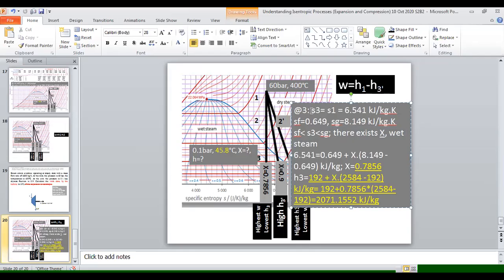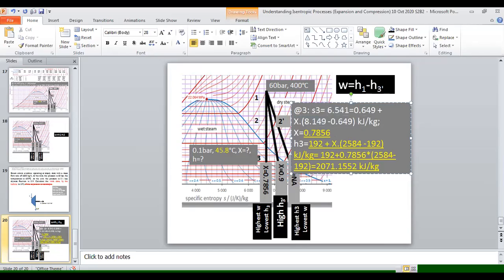S3 equals S1, no such thing now. At 3, S3 is a question now. But still, let's say S3 is equal to this.